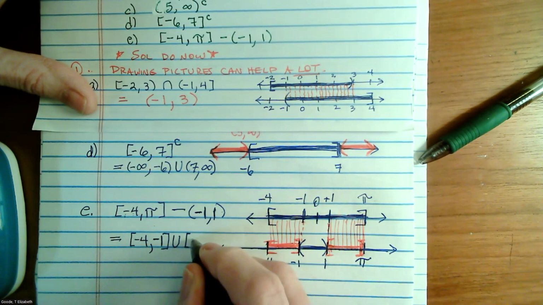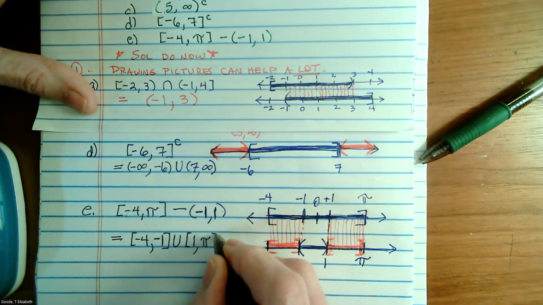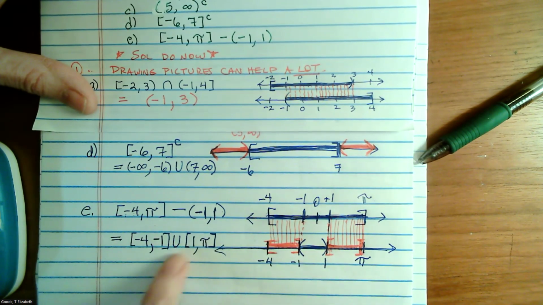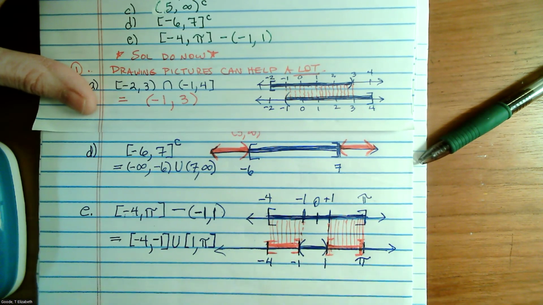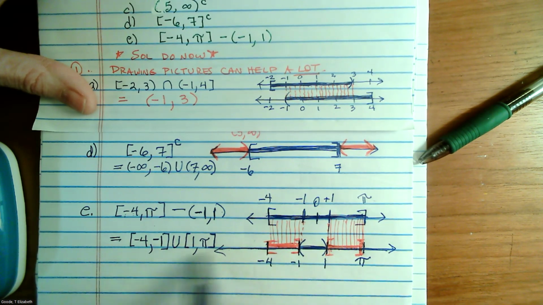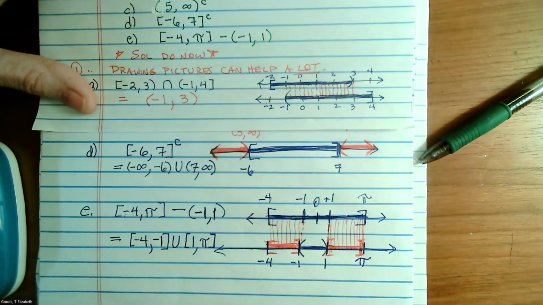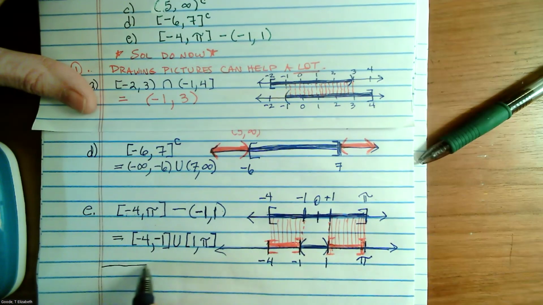So it's square bracket 1 to pi square bracket. So we need to use a union because the red set that I've shaded here is the set difference that we're looking for. And elements can't be in both. X is either over here or over here, if it's in this set at all. Questions?